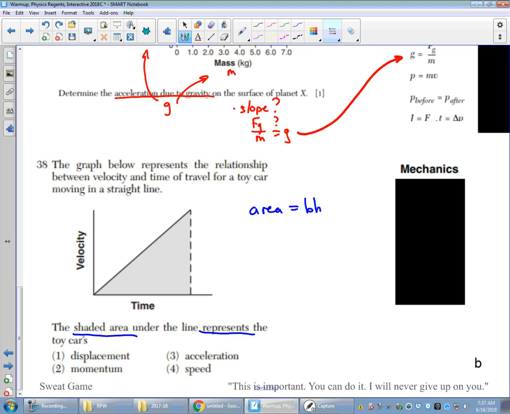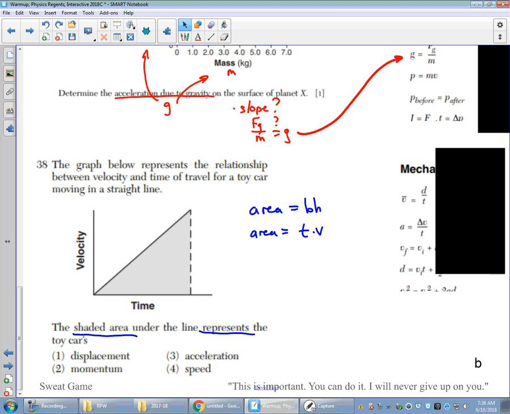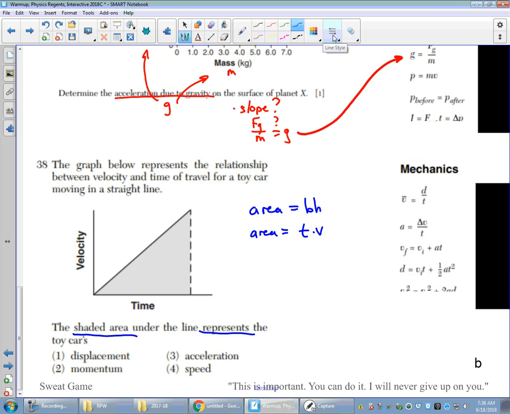So here, the base is time. The height is velocity. And if you're not sure what that is, OPRT. Are there any of these that look like this? Well, none of them say TV right away. But we can find one that has T and V and see, oh, wait a minute.